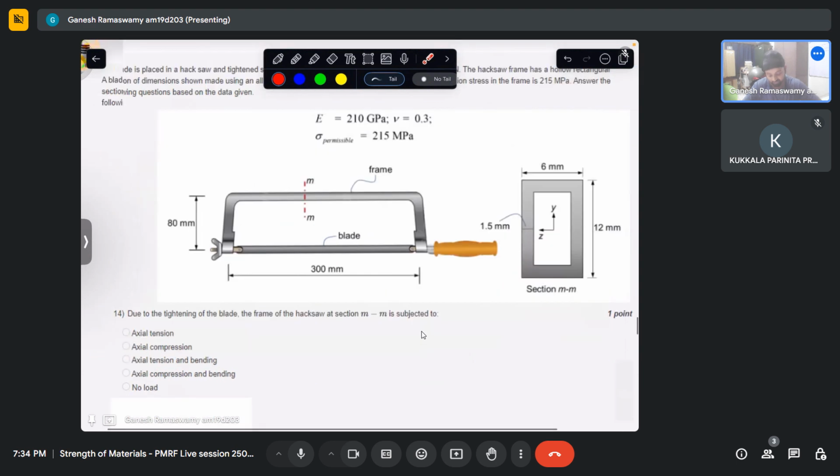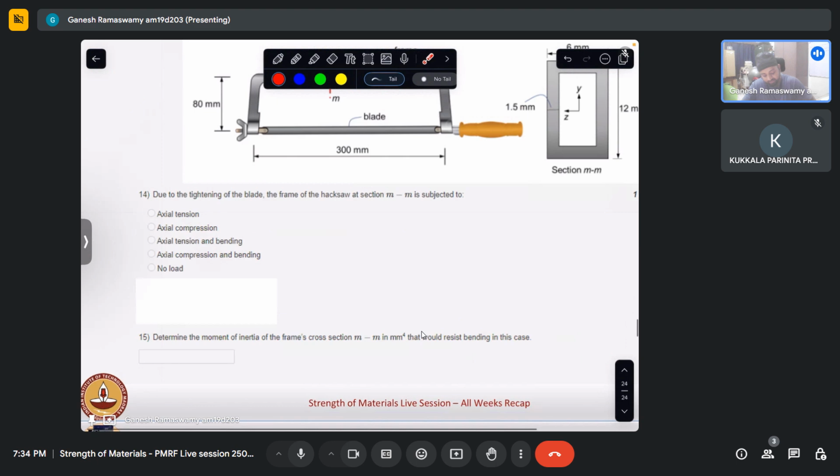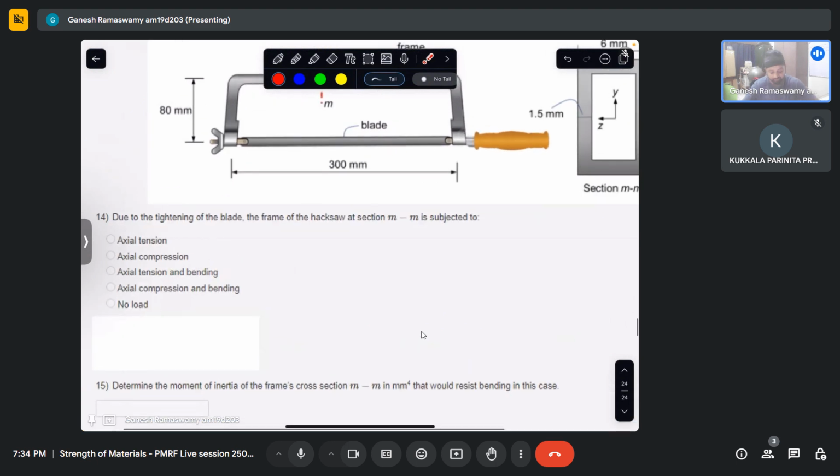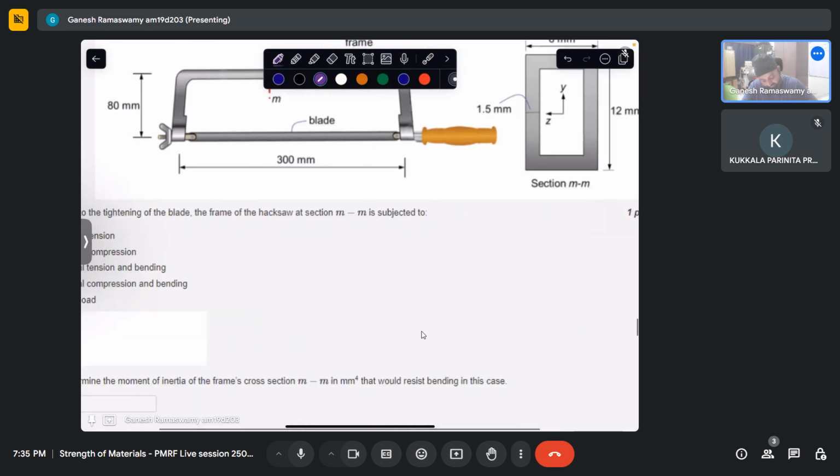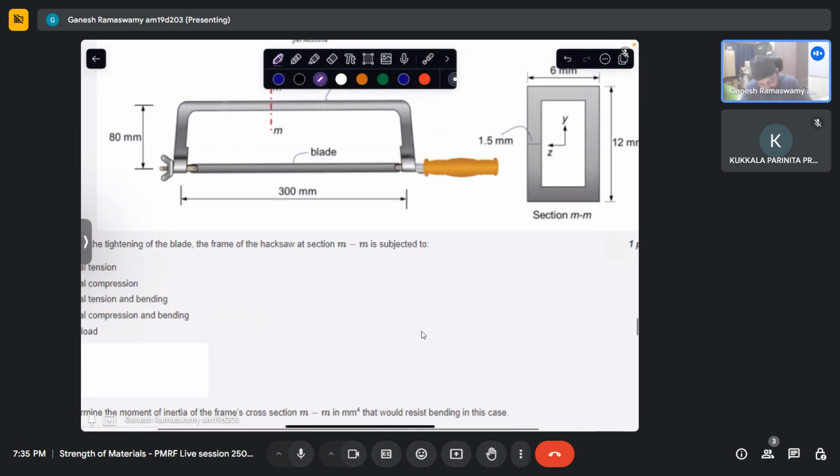The question asks, due to the tightening of the blade, the frame of the hacksaw experiences which of the following? This was also discussed in one of the live sessions. Since the hacksaw blade is experiencing tension, it will apply a force like that on the frame.